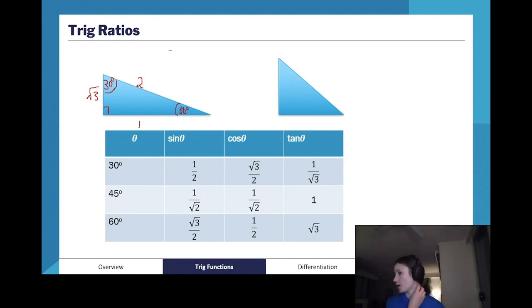Now, how you can remember how these angles and side lengths are distributed is because this first triangle here we can actually find by splitting in half an equilateral triangle, right?